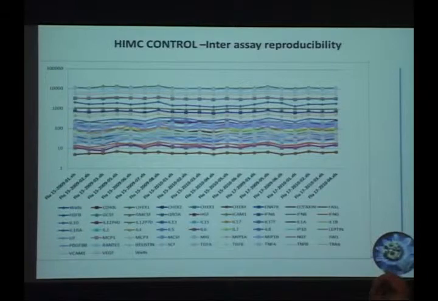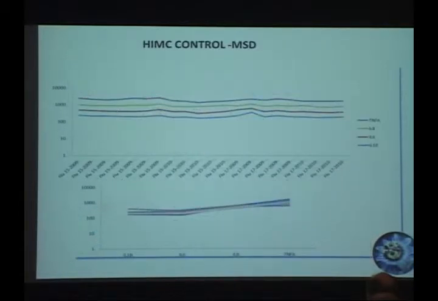So this is just another way to look at that. If we look at our control sample run multiple times, now I'm just flipping the axes in terms of the presentation. You can see these are the different cytokines all presented here, pretty reproducible. Just to show you, for MSD we ran on those same master plates.